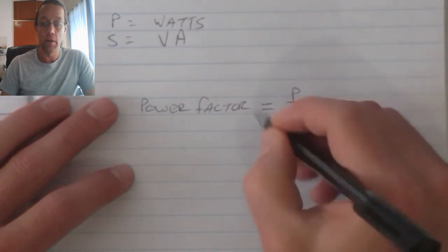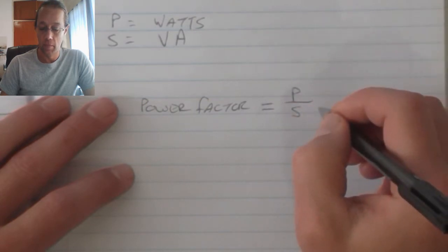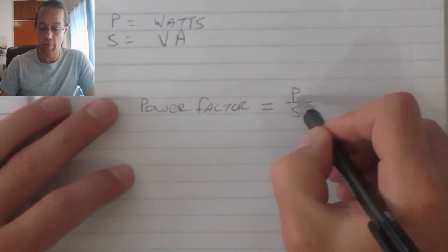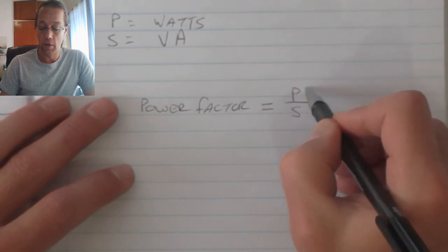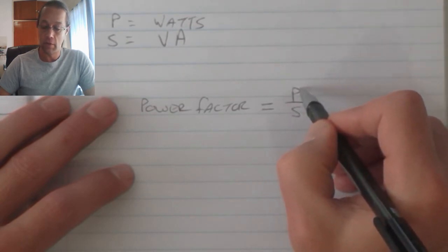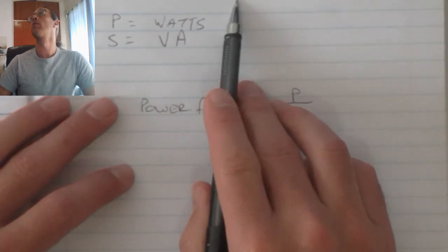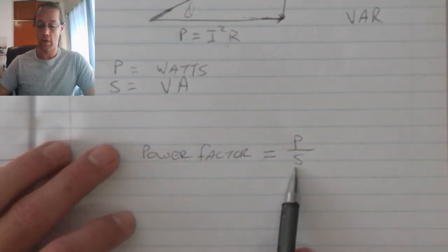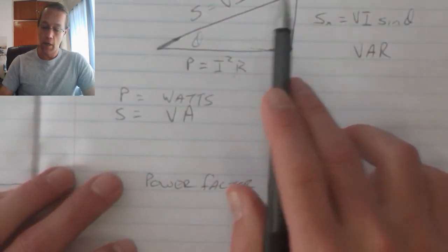Now, applying all the mathematical rules by substituting, instead of power, I squared times R, and instead of S, substituting V times I.